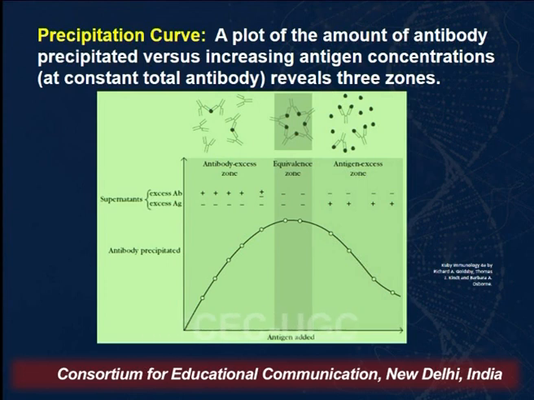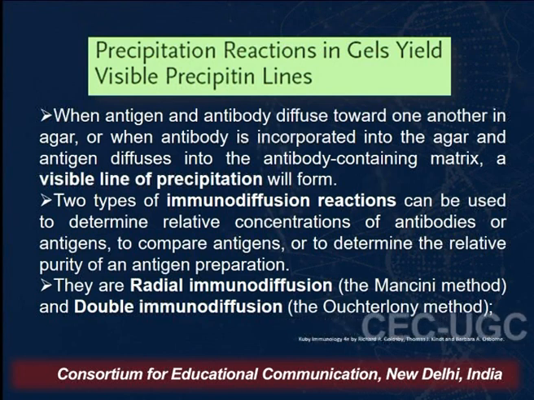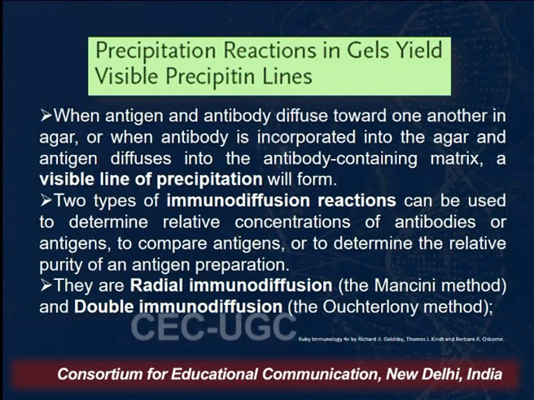Then comes a point where the antigen and antibody numbers are equal, and precipitation is formed, and finally the number of antigen increases. So this is a plot of the amount of antibody precipitated versus the increasing antigen concentration.